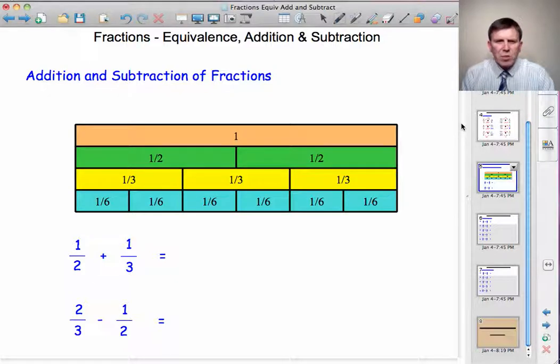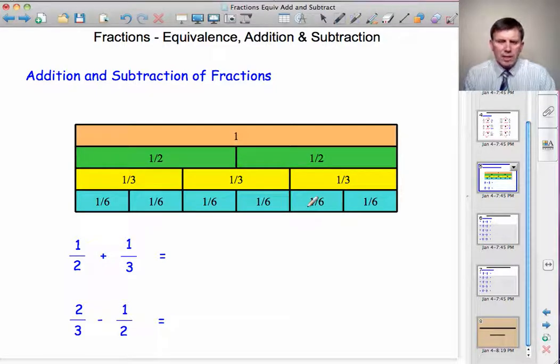The denominator will be 6 because a half can be written as 3/6 and a third can be written as 2/6. So if I add 3 of them to 2 of them, I get 5 of them. So I know now from this diagram that the answer will be 5/6. There's a half, 3/6. A third I can see is 2 more sixths to give 5 altogether.